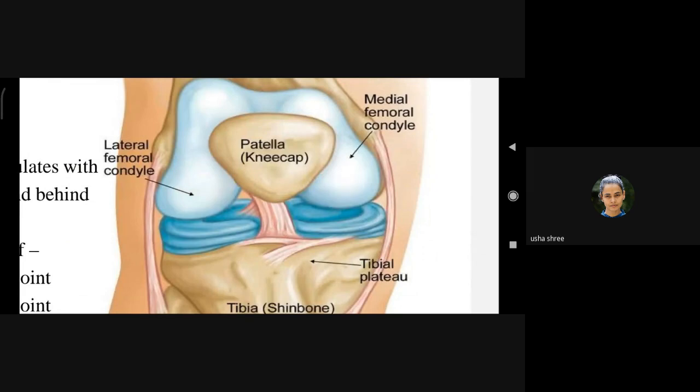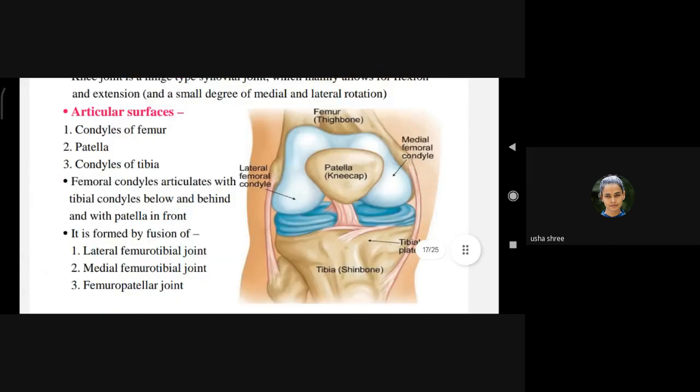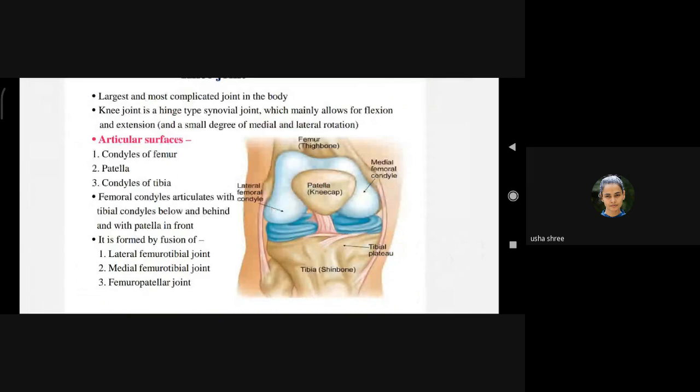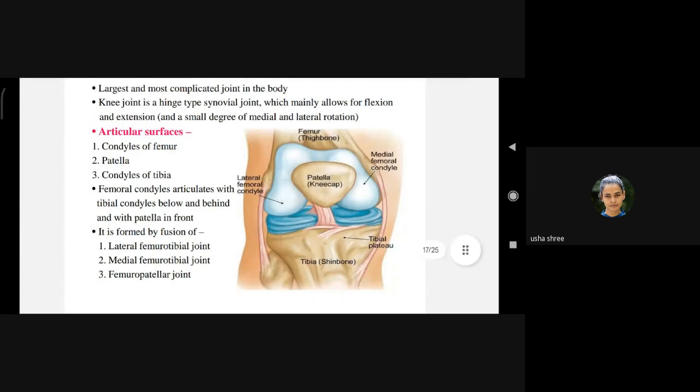You can see both sides condyles are present. In both sides of femur, condyles are present, and these condyles are articulating to each other's bone, and patella is articulating with femur. So you can see clearly in the picture, femur, tibia, and patella are forming our knee joint, and the bones are connected by ligament, which is depicted here by pink colored connective tissue. So we will proceed to next slide.